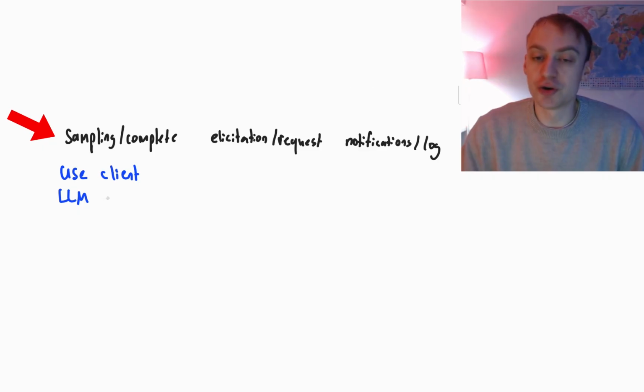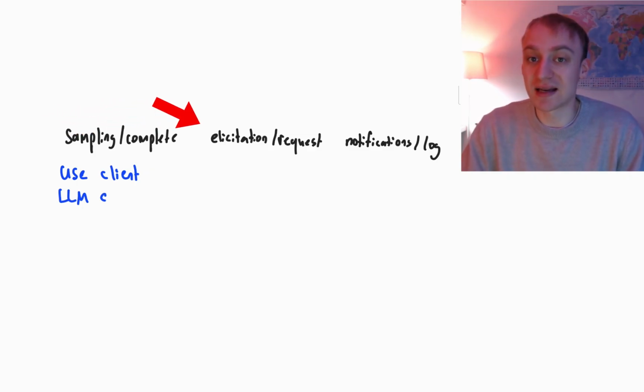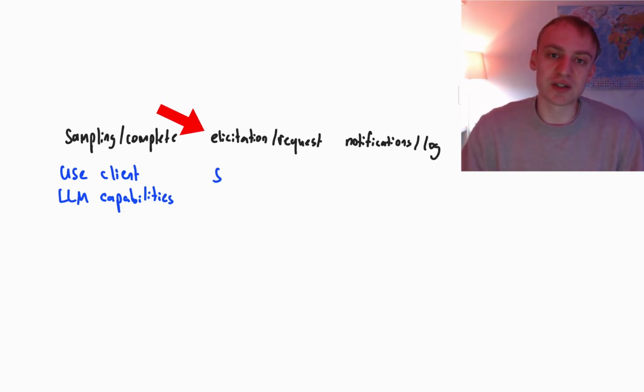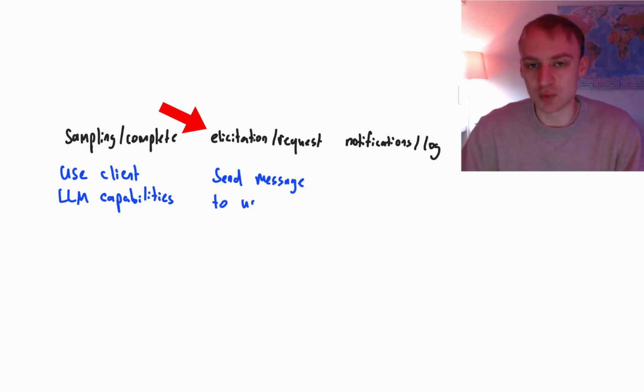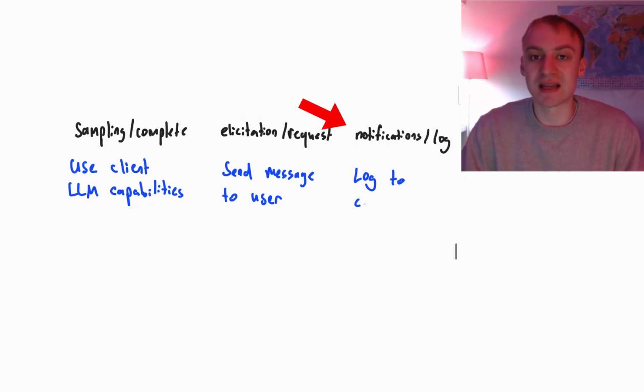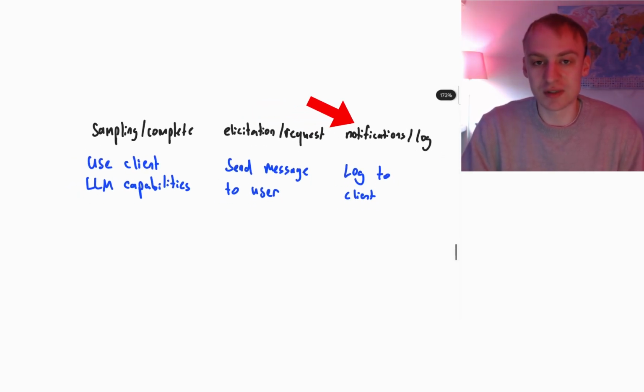This can also be a security concern, so it's important that the server correctly validates the responses. Elicitation/request allows the MCP server to send a request to the client to prompt the user for additional information or confirmation. So if the server operation requires user approval, for instance for a sensitive action, this primitive can be used. And notification/log allows the MCP server to send log messages to the client host application.